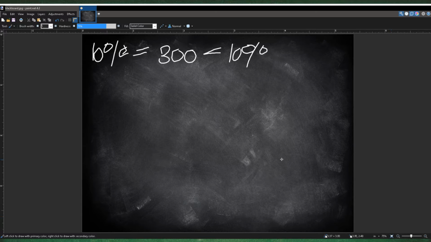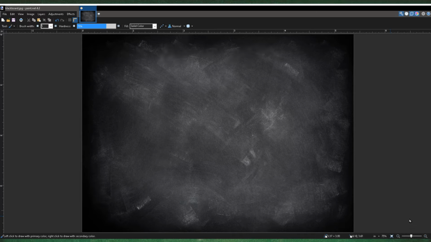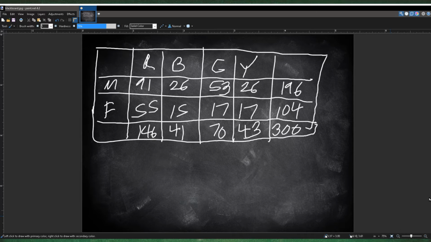And then the last part, the expected cell frequency. So let's go back to our chart. We have to find the expected counts. Like we did in our previous example, to get male red, we multiply the number to the right of it by the number right down from it, and then divide by the total amount.